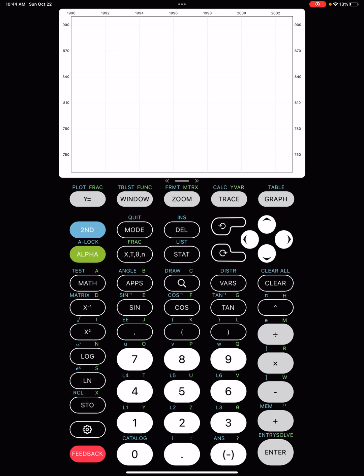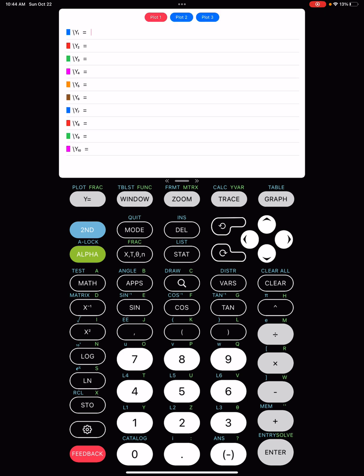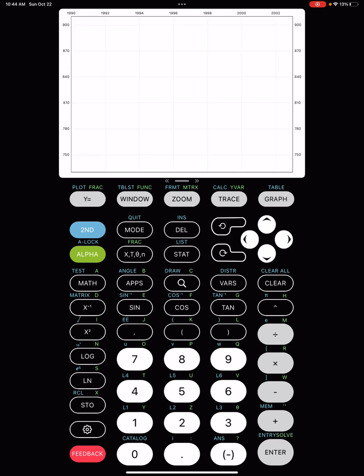and I can't see anything. So let me just see, sorry guys. All right, Y equals, okay, well, hopefully it worked on yours. I should see a scatter plot here, but I do not.